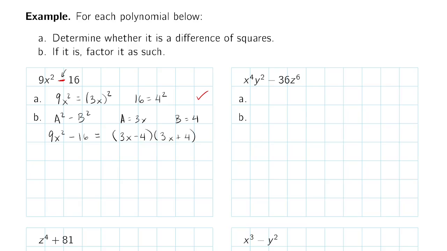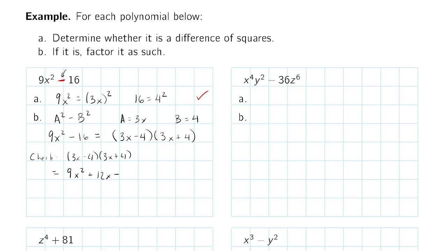And since we did just write that down, we want to check. If we take 3x minus 4 times 3x plus 4, we'll get 3x times 3x is 9x squared. 3x times 4 is plus 12x.